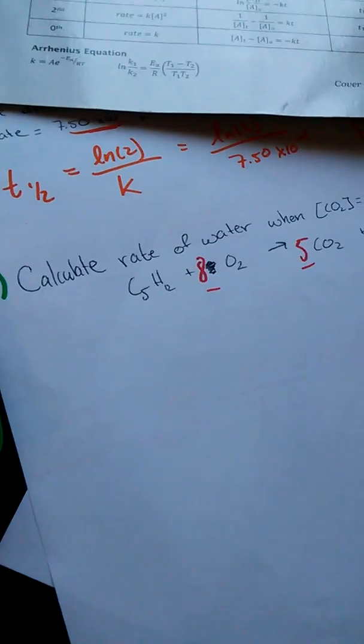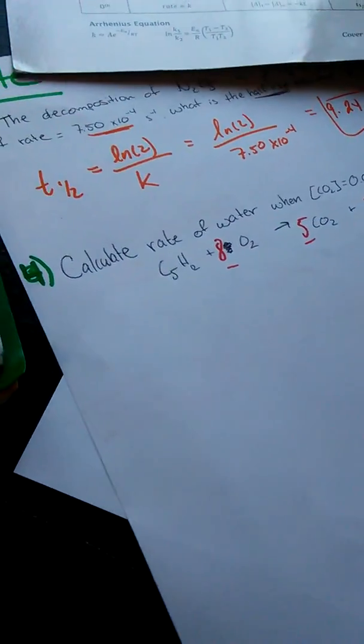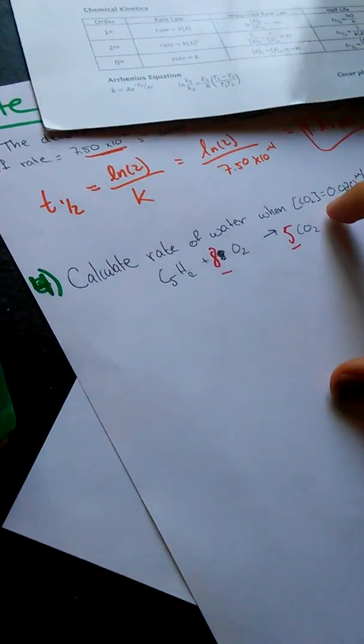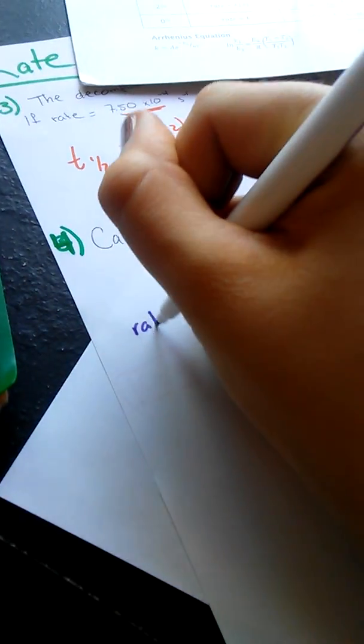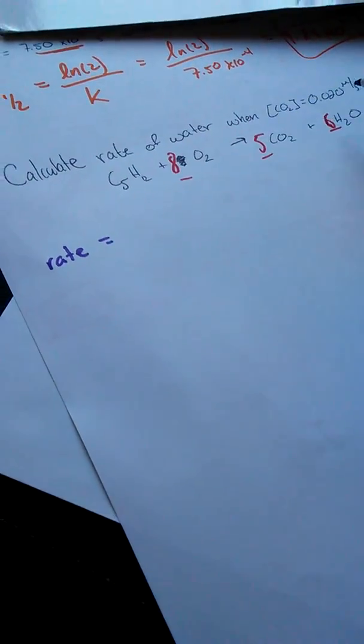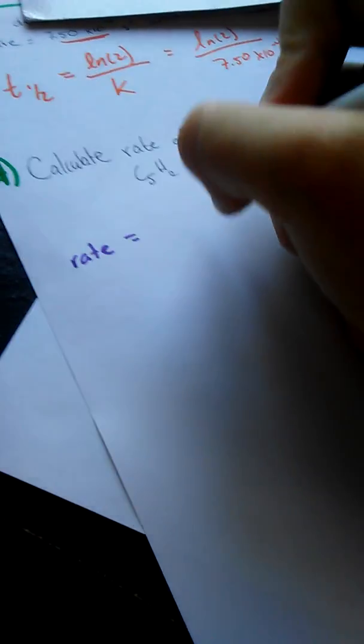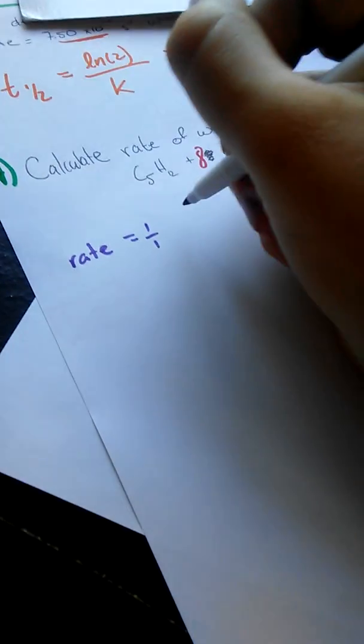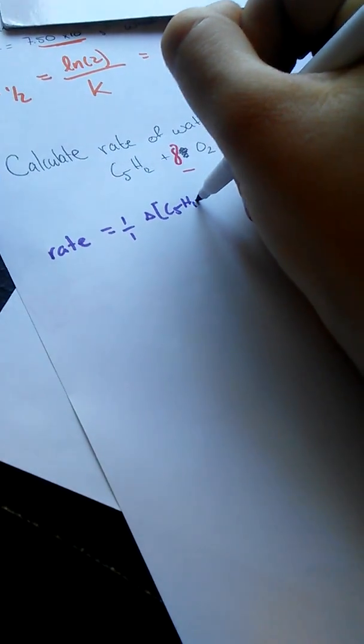When we are trying to find a rate like this, there is a certain step we have to do. We have to write out the rate equation. So rate, and we have to write each coefficient for each of the molecules. Since here it's just 1, it's going to be 1 over 1, and then you put the delta of the concentration of C5H12 over delta time.